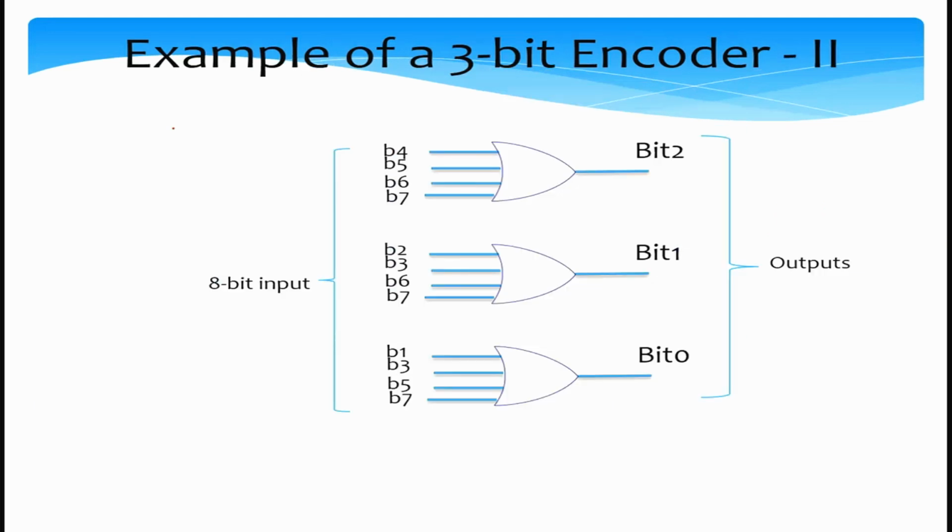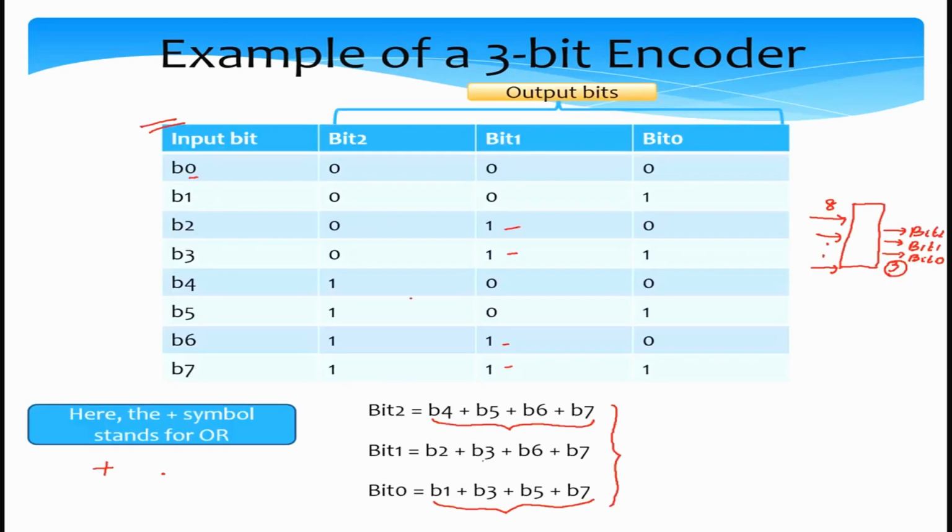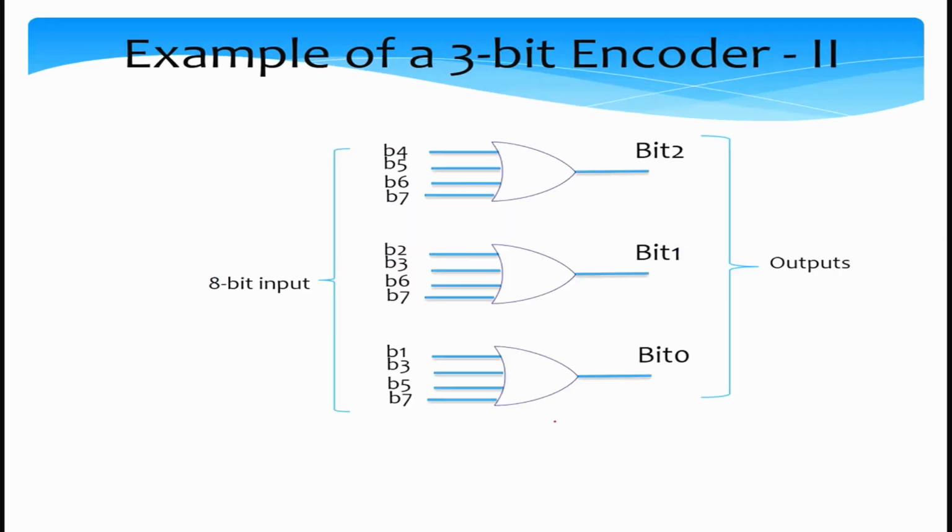So let's consider the circuit of a 3-bit encoder. It just has 3 OR gates. The equations here show that we are taking an OR of 4 quantities. Each OR gate has 4 inputs and the inputs vary depending upon which output bit it corresponds to.